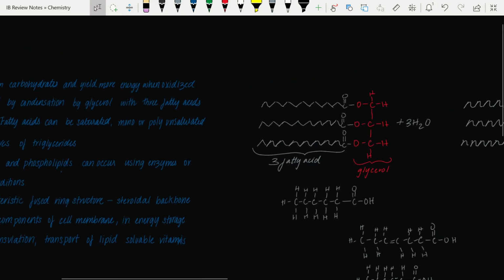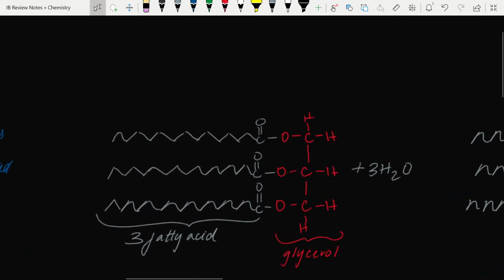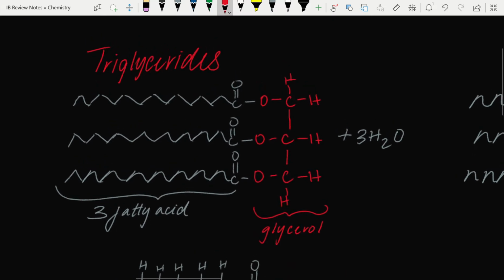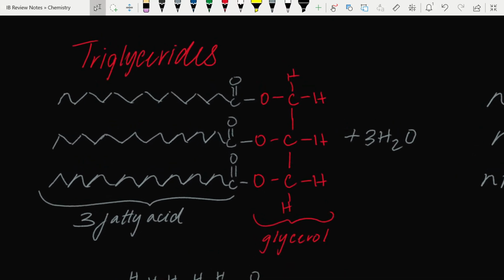Alright, so let's first focus on triglycerides. This is what a common triglyceride looks like.